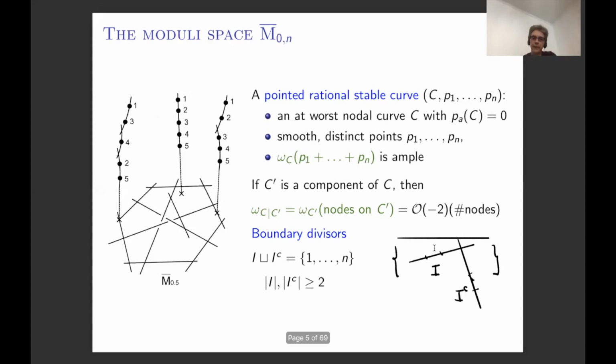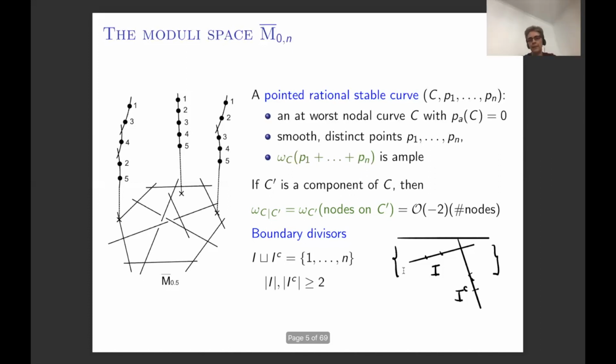So generically, these come from curves with 2 components, and the markings will partition into some markings from the set I on one component and the complement on the other. Each set should have at least 2 points for this to be stable. And so we take this locus and we close it up.